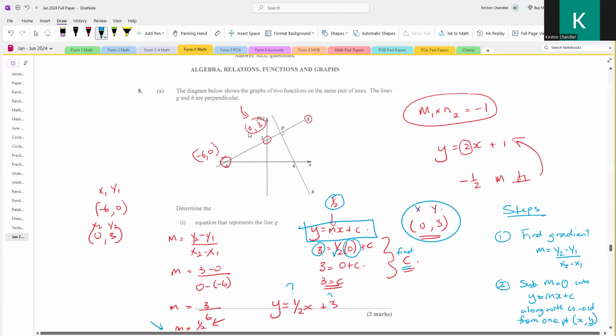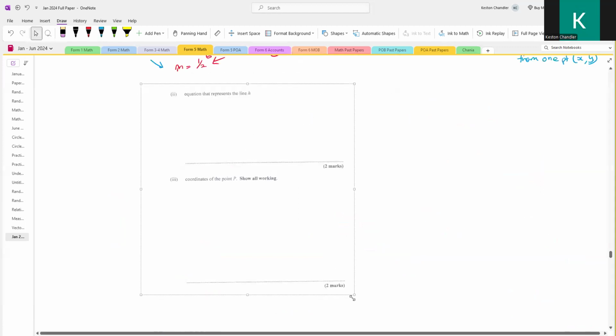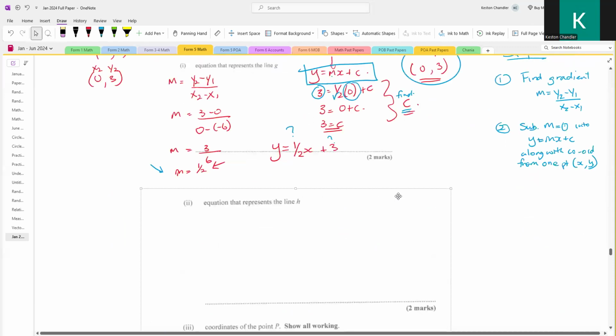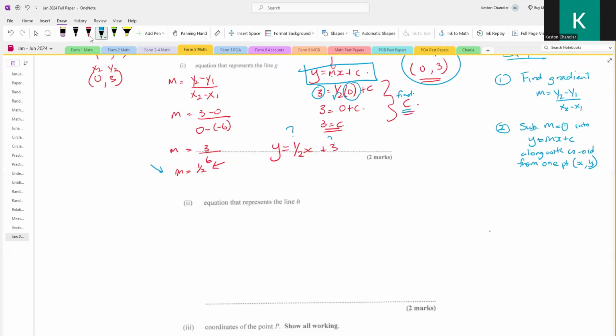The equation that represents the line H. So H is perpendicular, right? So that means the gradient is going to be -2, the negative inverse of the other gradient.